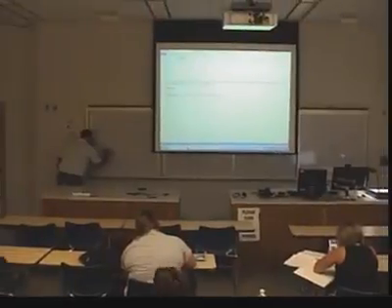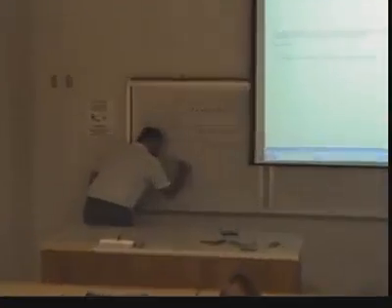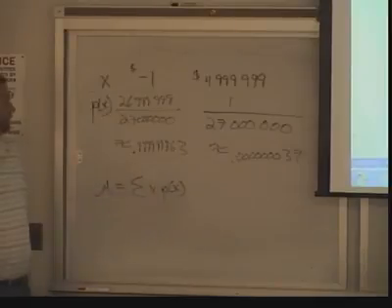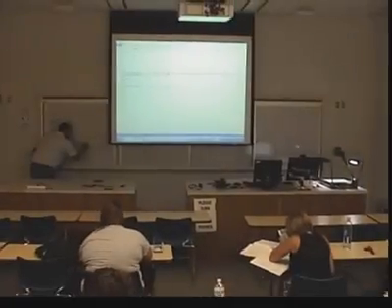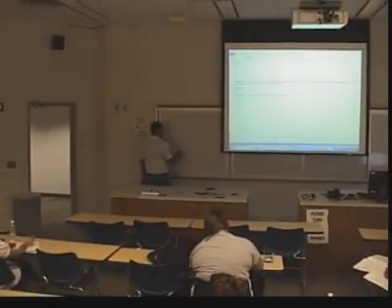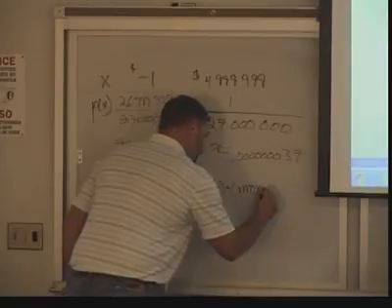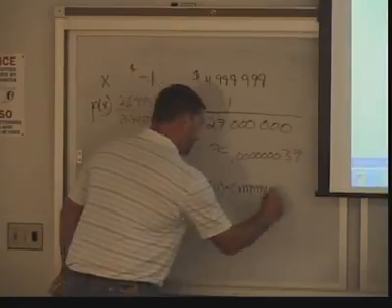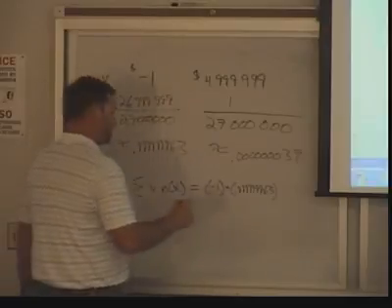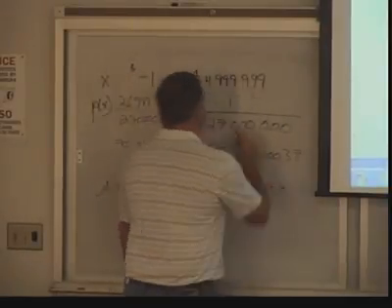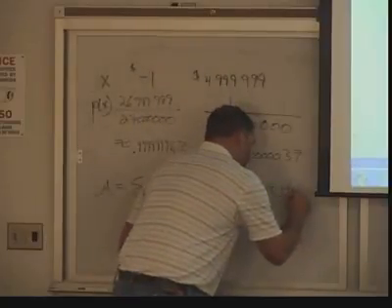So my mean is equal to the sum of x times p of x. The sum of my outcome times its probability. So this is going to be equal to -1 times this number, 0.9999963, plus 499,999 times this number, 0.000000037.